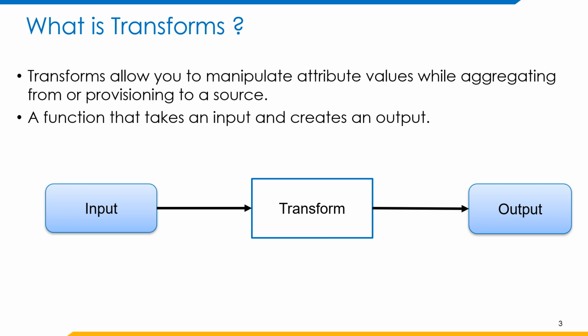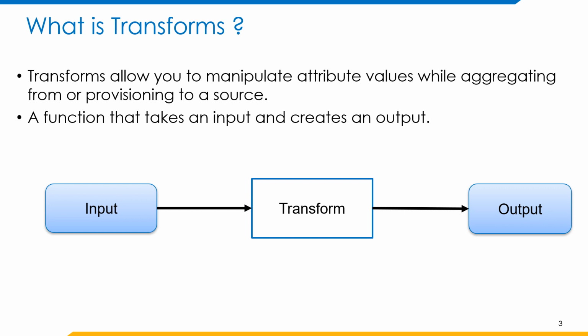As we can see in the diagram, there is input, transform, output. In the input value, our data is coming from the identity attributes or account attributes, and according to the requirement we will write the transform, and in the output we can see the overall result.